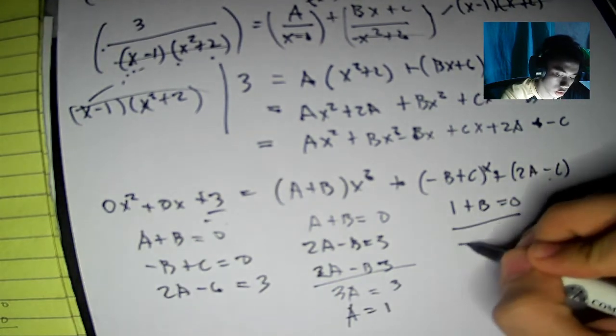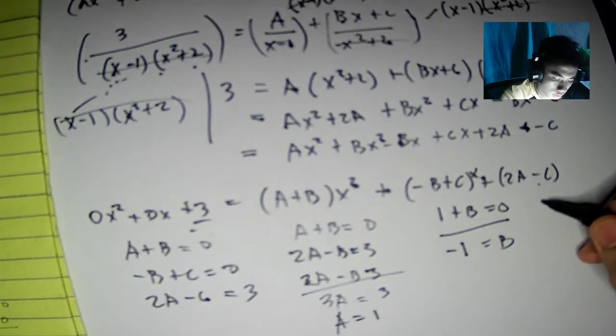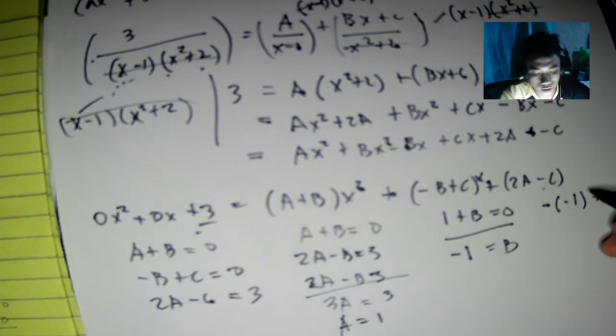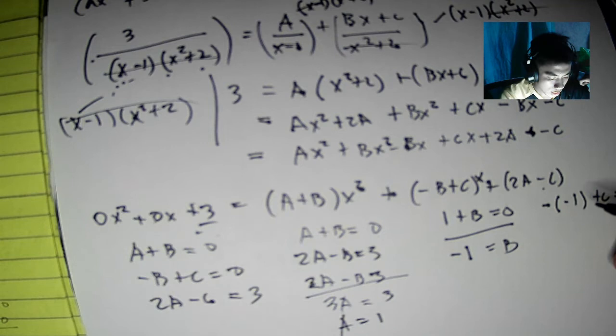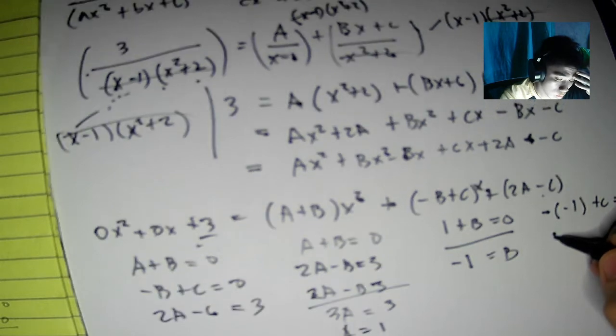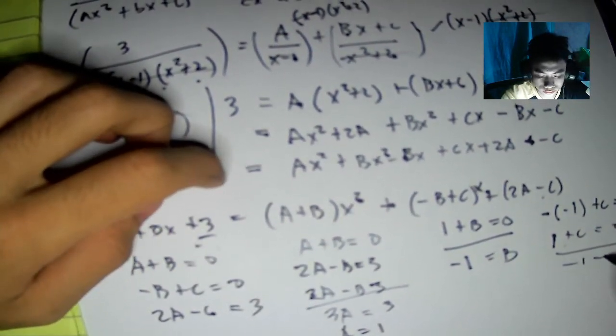Now to have 0, you'll need negative 1 plus b. Next is c. Negative 1 plus c is equal to 0. So what do you have for c? Minus negative, so it automatically is 1 plus c is equal to 0. So it's negative 1.